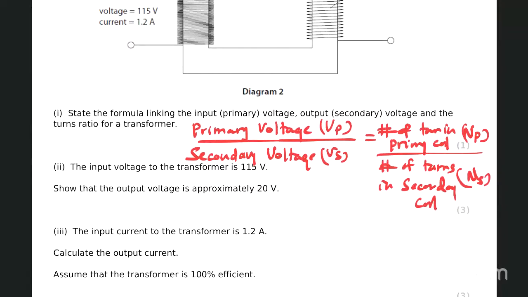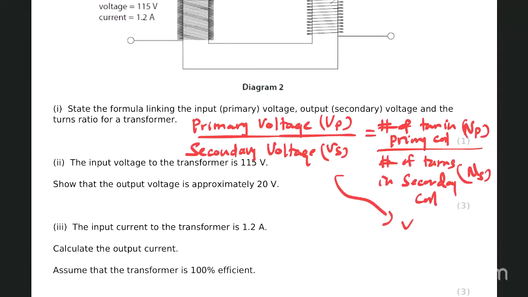So you can write it like this. VP over VS equals NP over NS. Both are correct, right?